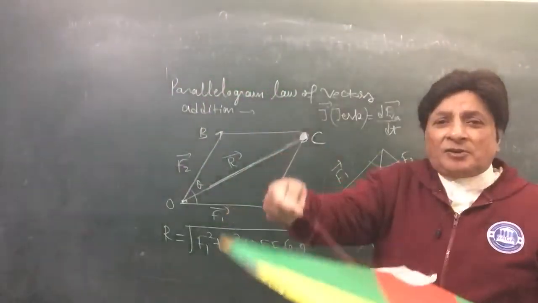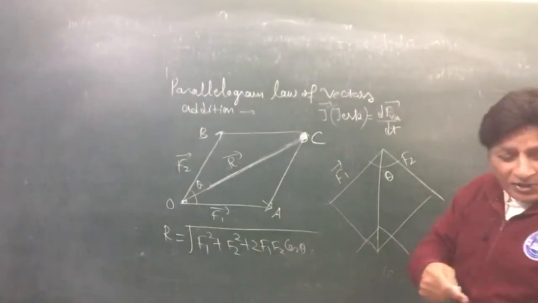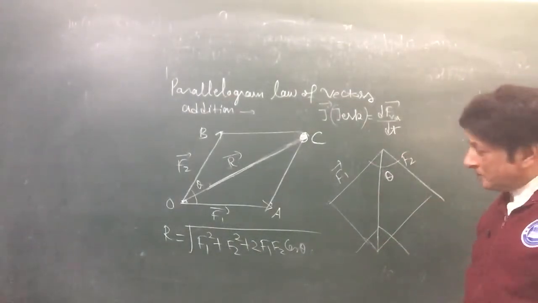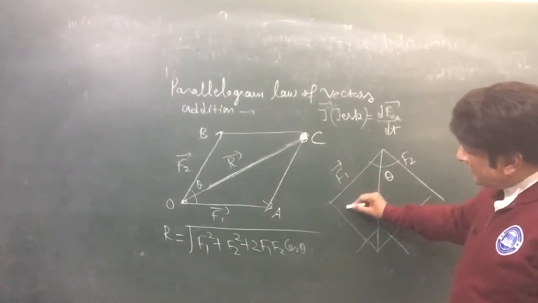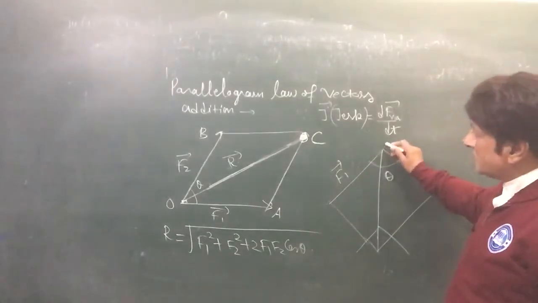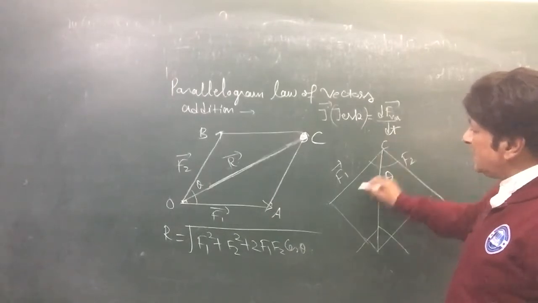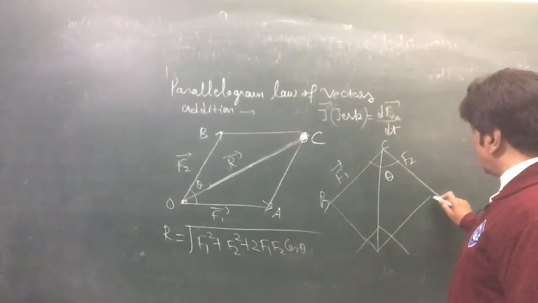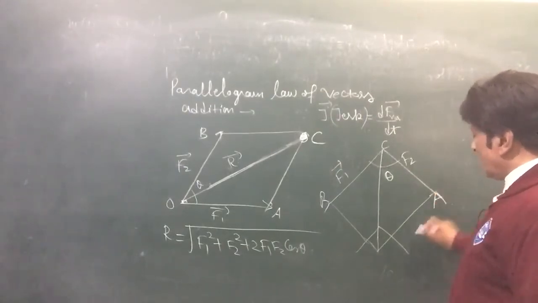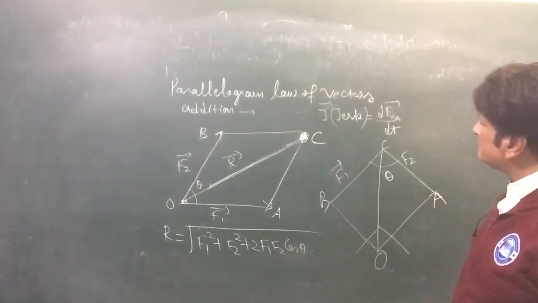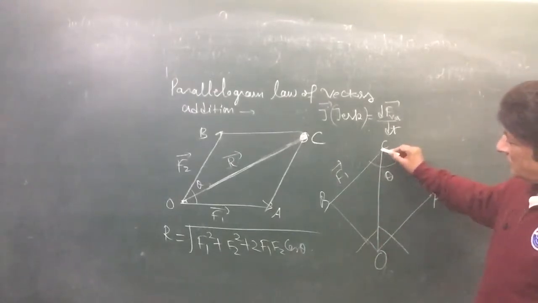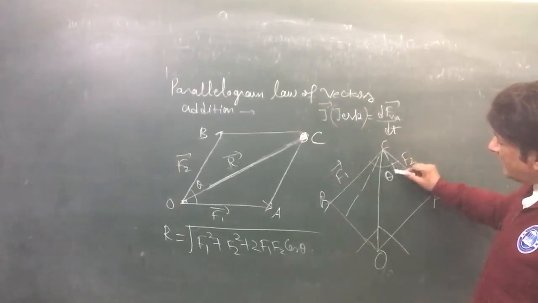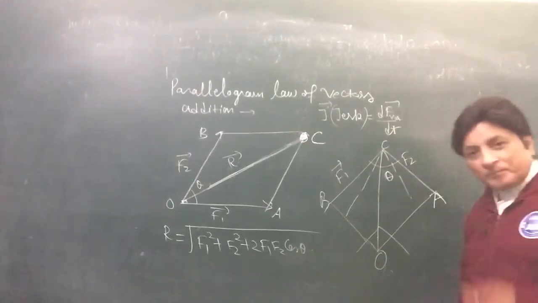When we make jerk, that is d/dt of F. Now when we give jerk, say this is C and this is B, this is C, this is A, and this is your O. When you give a jerk, then CB comes here and CA comes here, theta decreases.